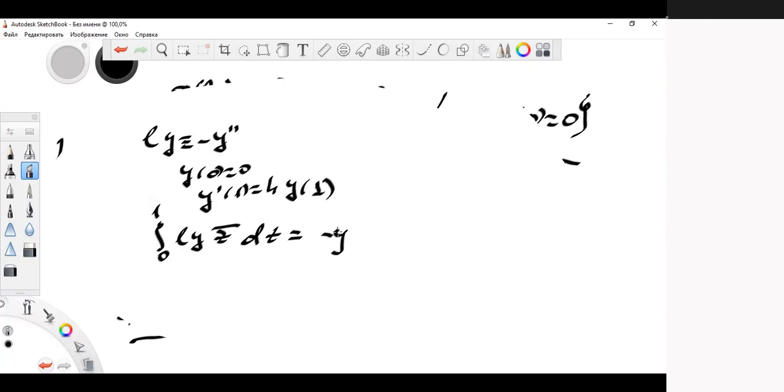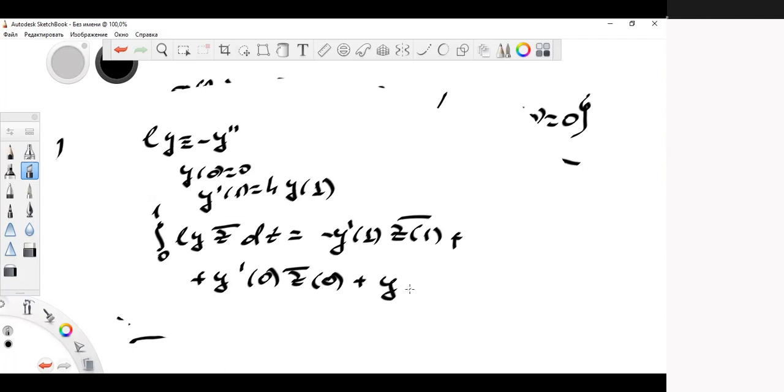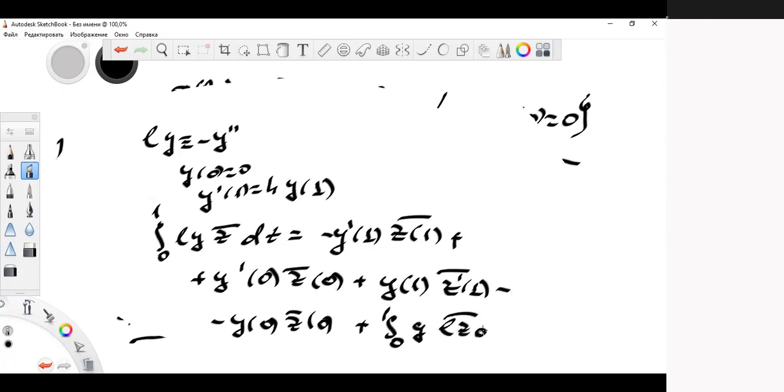First, it will be the first derivative at 1 and that's first derivative at 1 conjugate, and plus y prime 0 and that's conjugate at 0. Another integration by parts will give you the next ones, y at 1 and that's derivative at 1, and minus y at 0 and that's derivative at 0, and plus the integral from 0 to 1 of y L z. That one, you will come to that one.